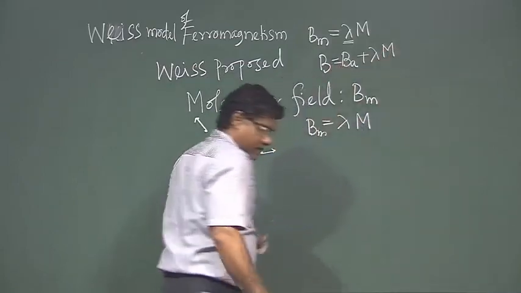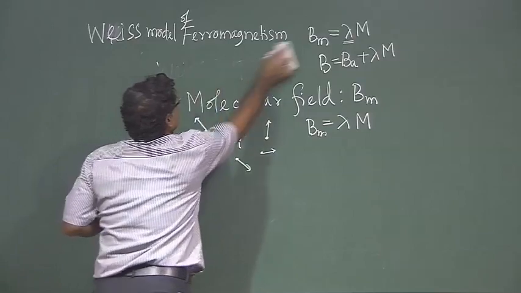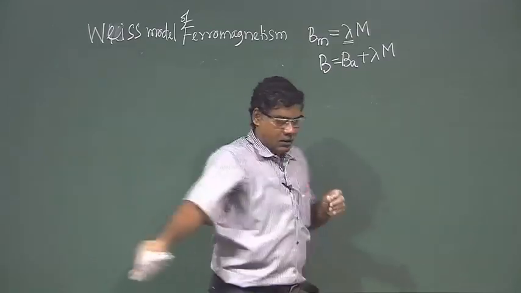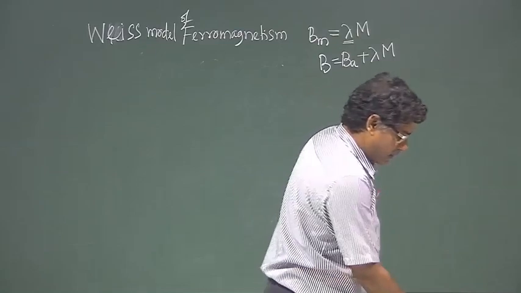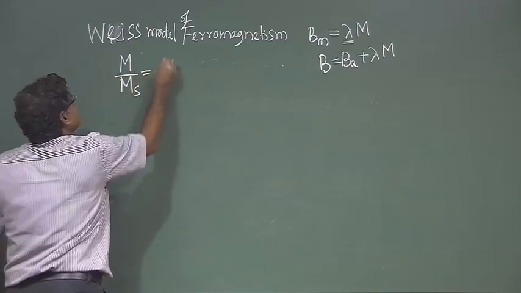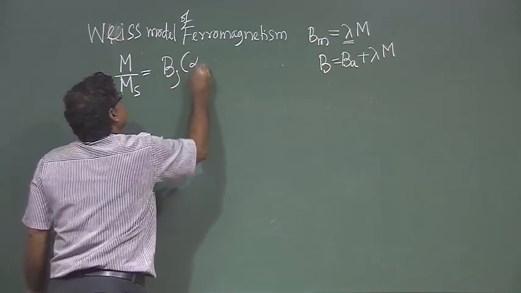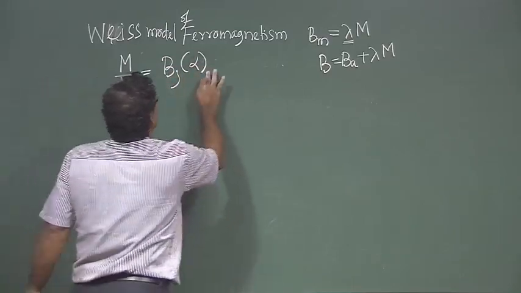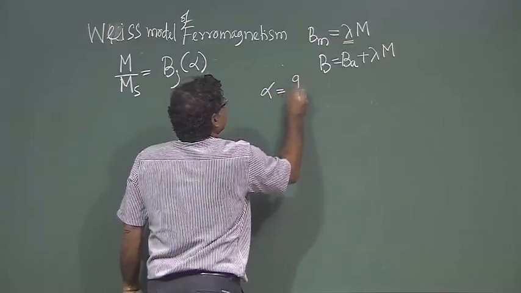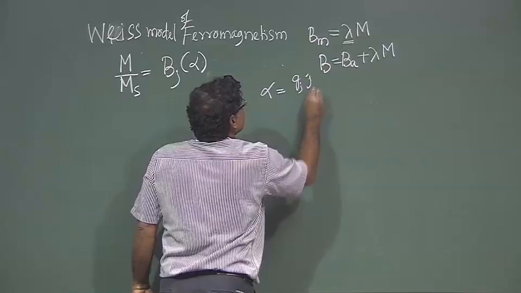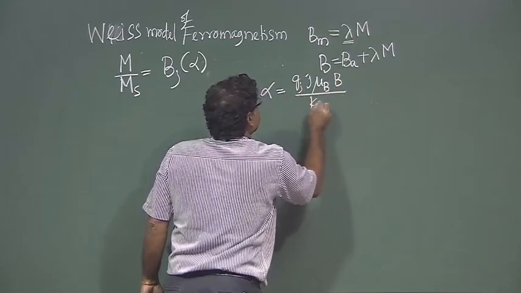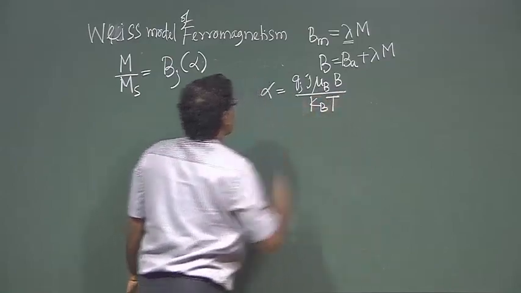Okay. So, what we got for paramagnetic material: M by Ms equals the Brillouin function B_J of alpha, where alpha equals g J mu_B B by k_B T, right.